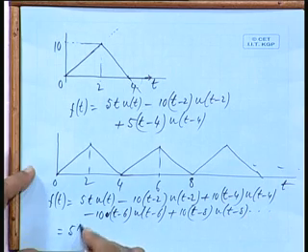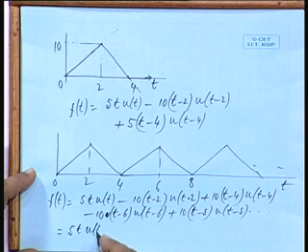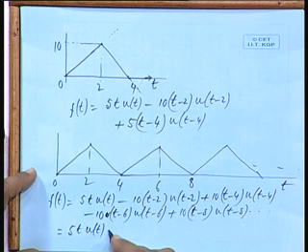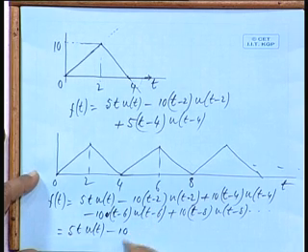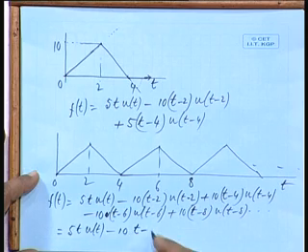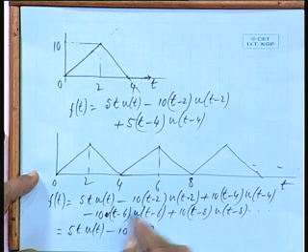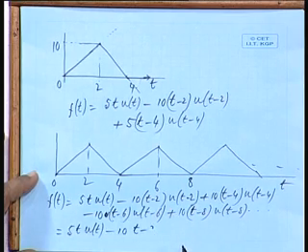First one you keep aside 5t u(t), and after that minus 10(t minus 2), minus 10(t minus 6) and so on. So, minus 10(t minus ...), I can write 2, 6, 10, 14.